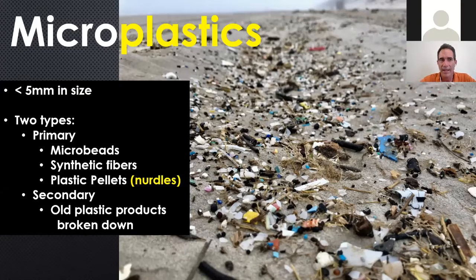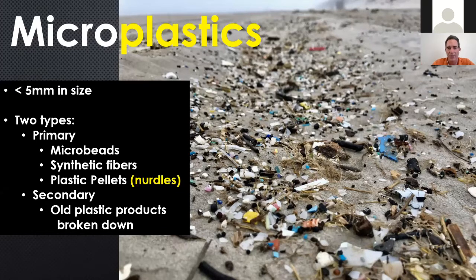And within that microplastic, you really have two primary types. You have your primary, you have your secondary. And your secondary are plastics that have broken down. They used to be products. The sun got to them, wave action, river currents, run over, whatever. They just broke up into smaller and smaller pieces, and you find those.